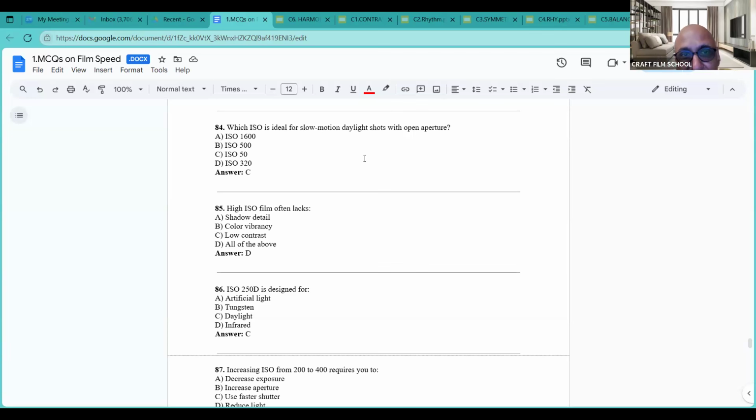Which ISO is ideal for slow motion daylight shot with the open aperture? Because if you have a higher ISO, for example 1600, 500 or 320, do you think this answer C is correct or not? Let me first go in reverse.